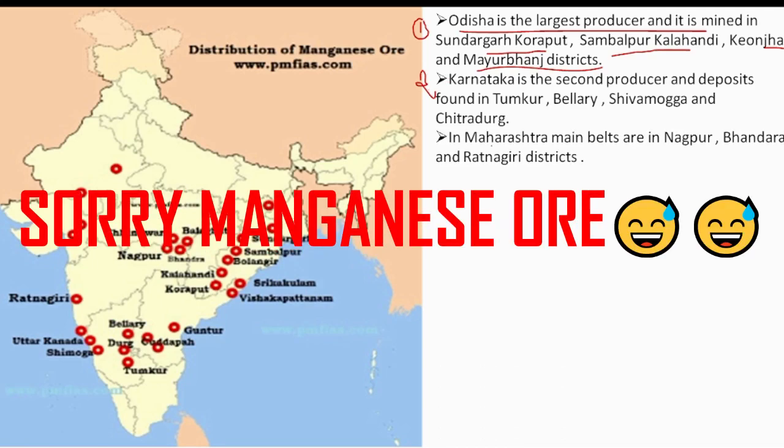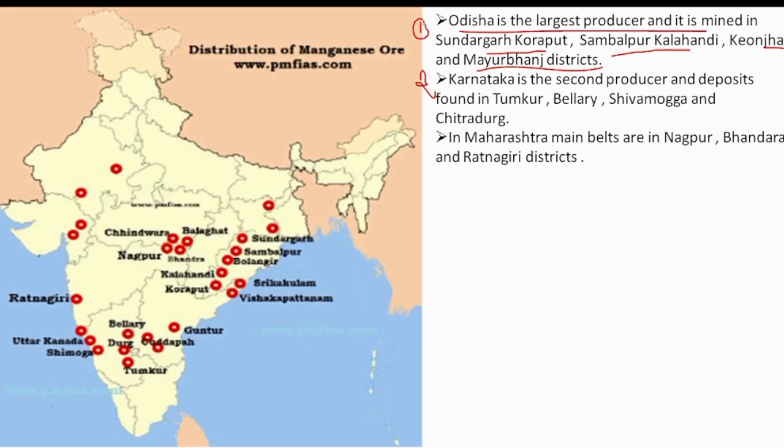The first main state which produces manganese ore is Odisha, the second one is Karnataka, and the third one is Maharashtra, in the belts of Nagpur, Bhandara and Ratnagiri districts.